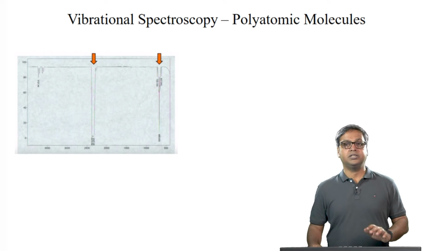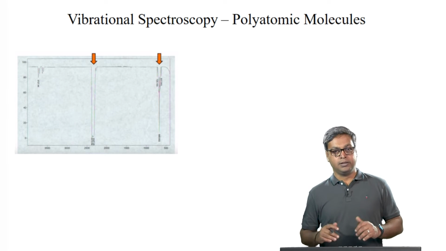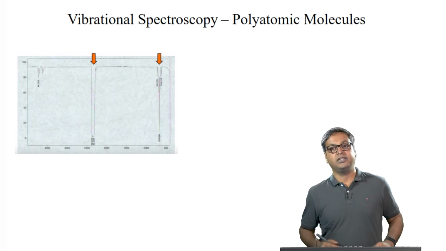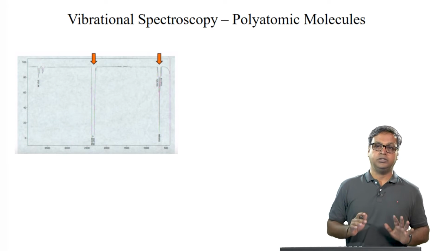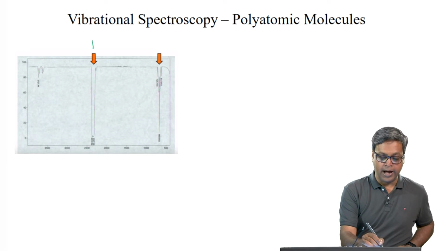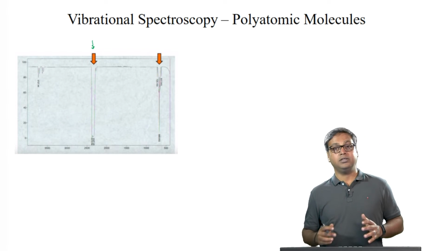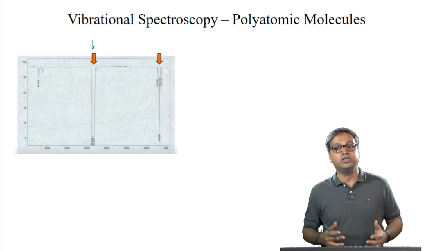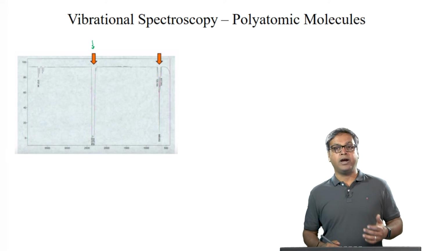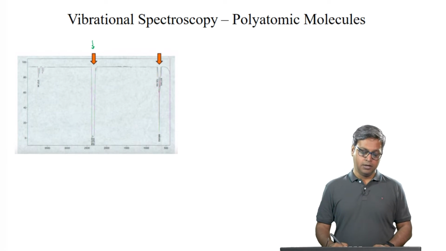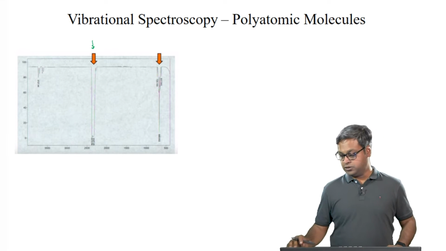This is the asymmetric stretch vibrational spectrum of carbon dioxide that we showed in the previous lectures. We got a PR branch centered at 2350 wave numbers, but because this is a low resolution spectrum, we cannot see the rotational fine structures in the band. But at high resolution, we can see the fine structure.